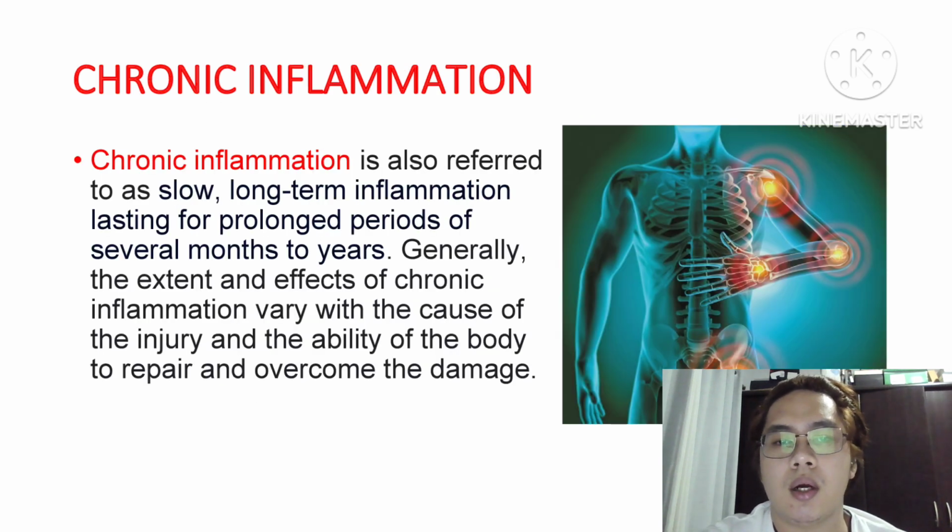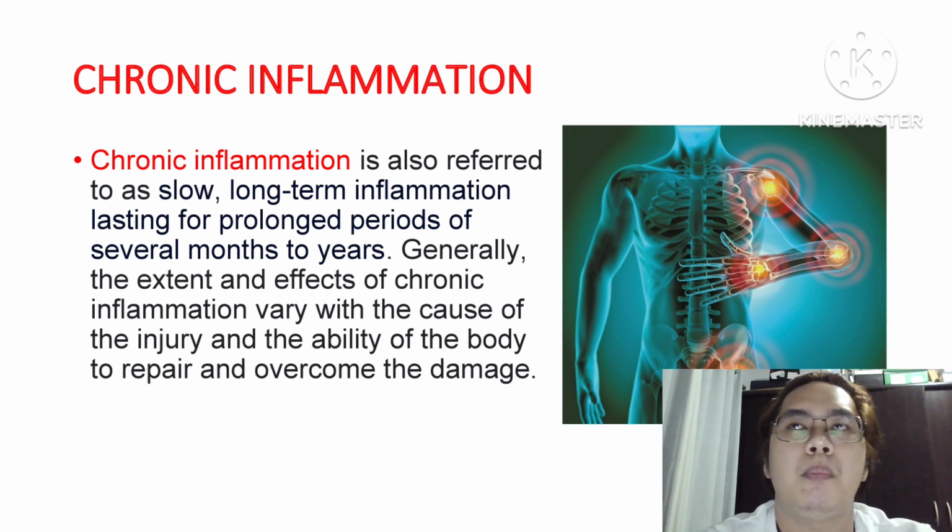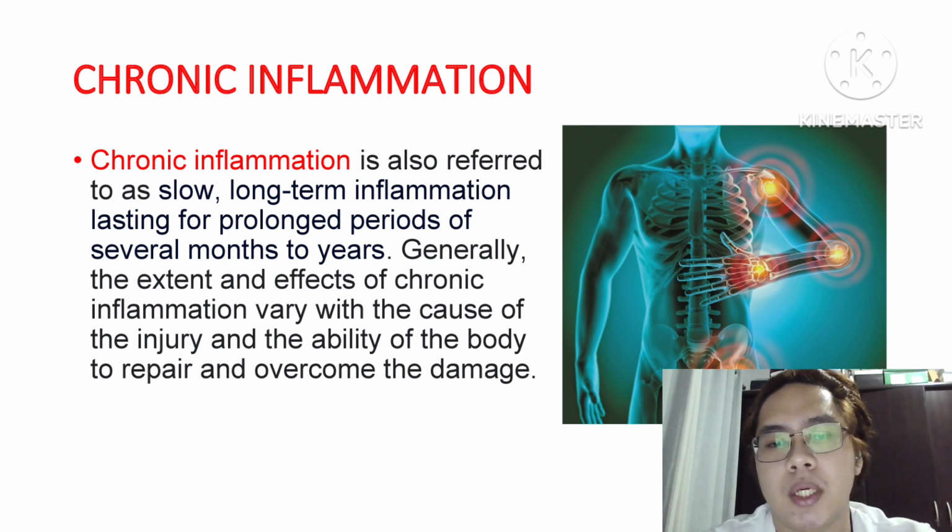Next, let's talk about chronic inflammation. Chronic inflammation refers to slow and long-term inflammation that can occur in a certain area for prolonged periods of several months to years, since the body is chronically inflamed. Generally speaking, the extent and effects of chronic inflammation can vary with the cause of the injury.